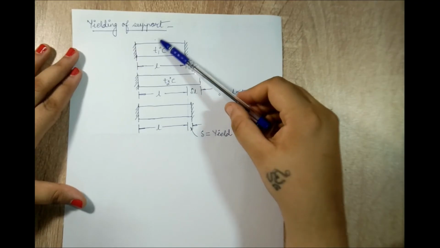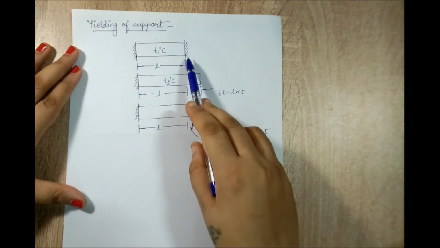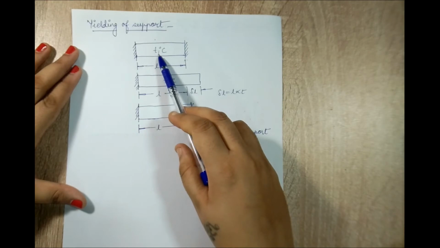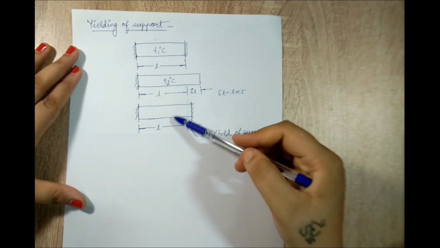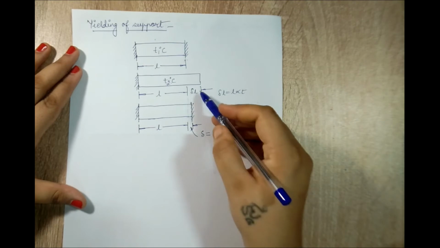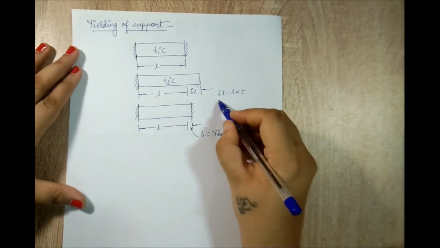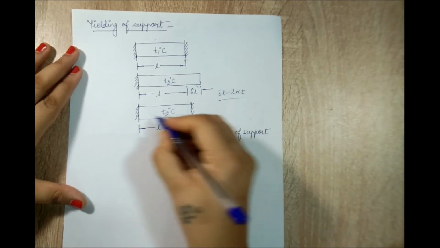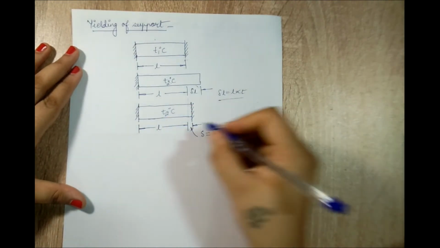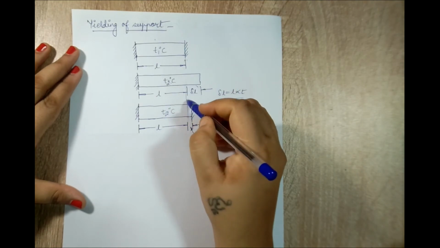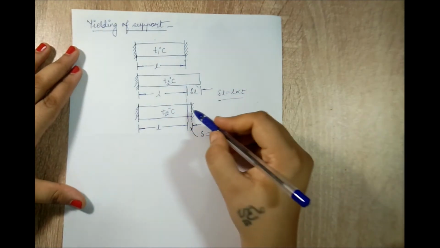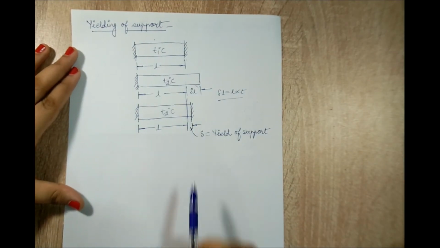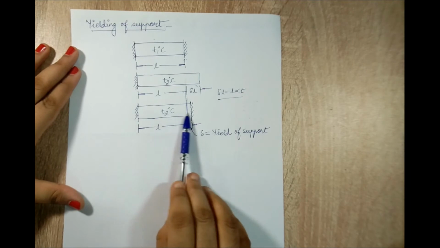Next we will discuss yielding of support. Now we have discussed that there is prevention of expansion from both the sides when the bar is changing its temperature from T1 to T2 degrees Celsius. So free expansion will lead to delta L as we just discussed. So delta L is equal to L alpha T. Now at T2 degrees Celsius, when I have a prevented expansion, suppose this support over here yields, meaning it is just getting pushed a little bit ahead because of the expansion of material.